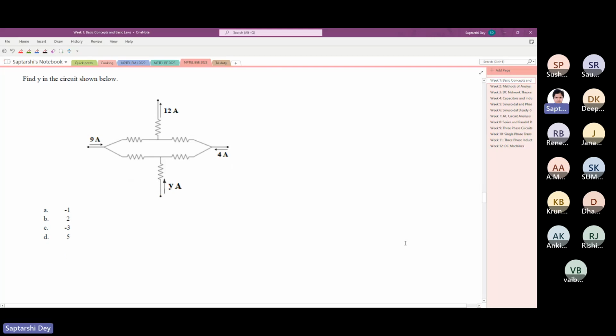Some network is shown, no resistance value is given, and they have asked us to find this current. Can you guess what should be this current going into this network? Forget the resistances.